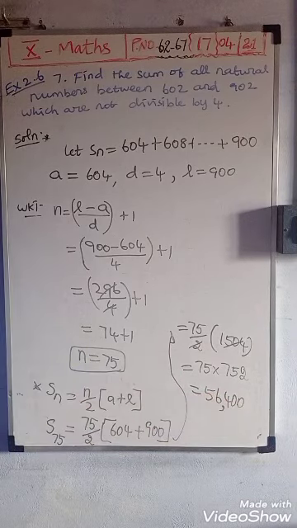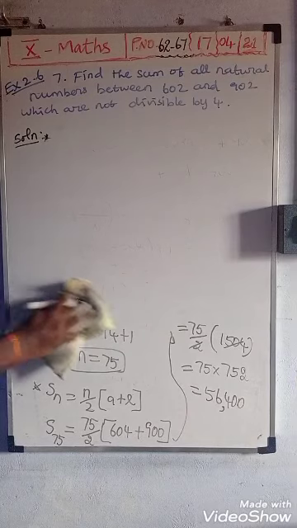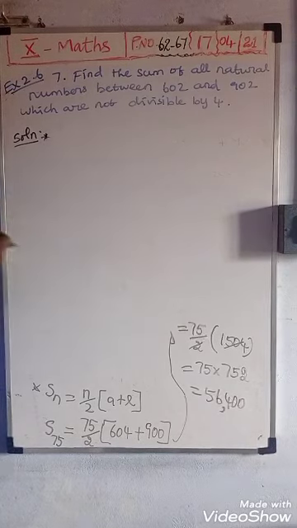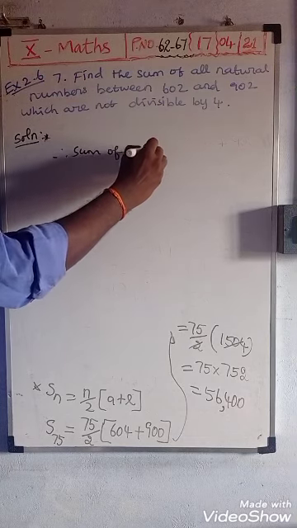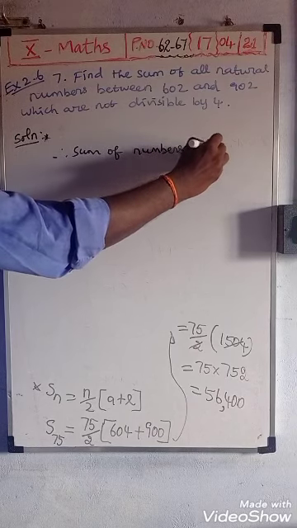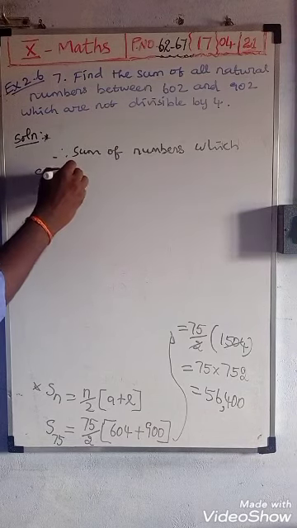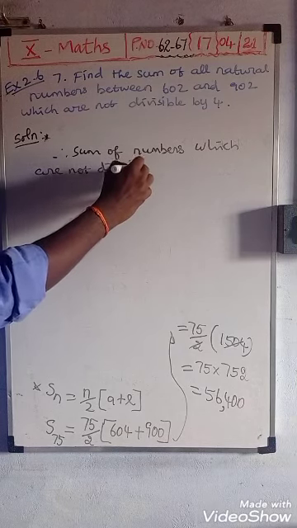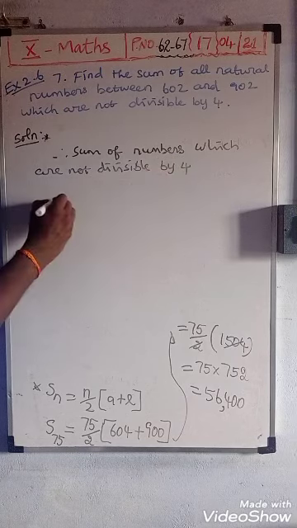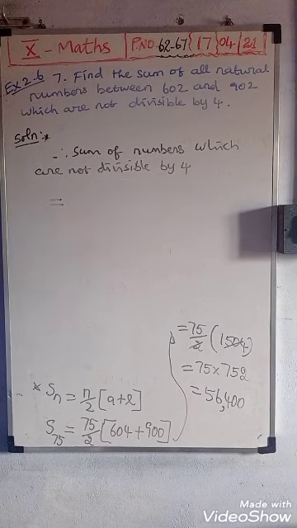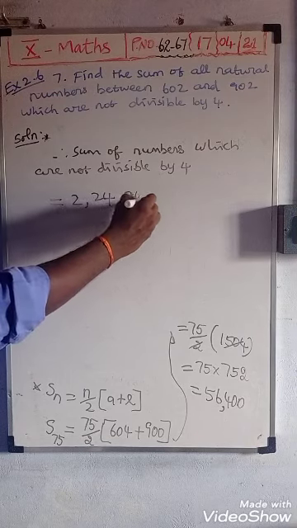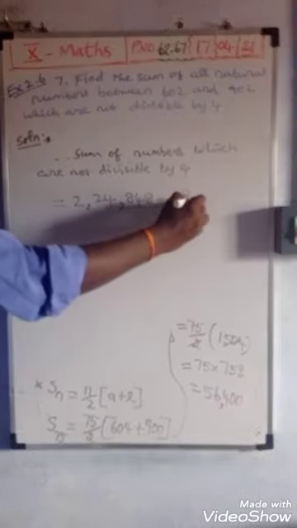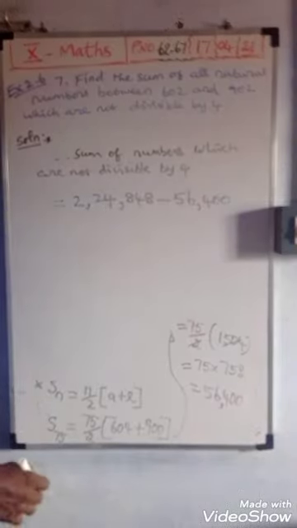Okay, so both answers we received, therefore now we will receive the final answer. The sum of the numbers which are not divisible by 4 is equal to the first answer we received, 2,24,848, subtracted by the second one, 56,400.